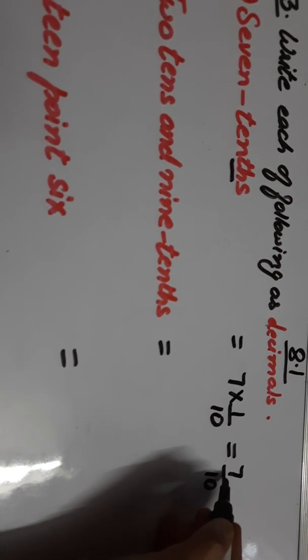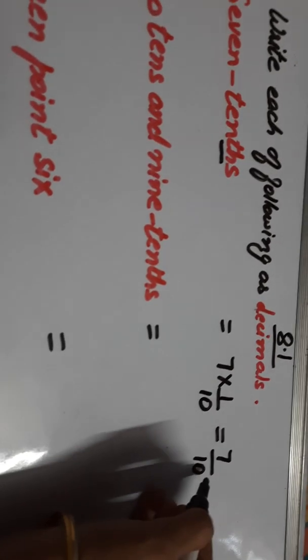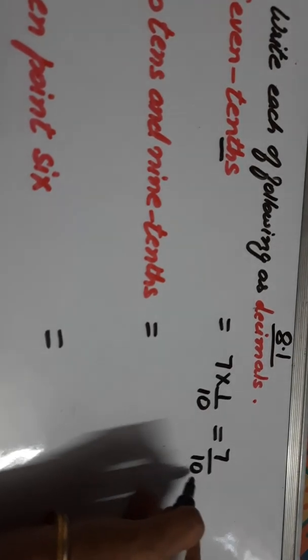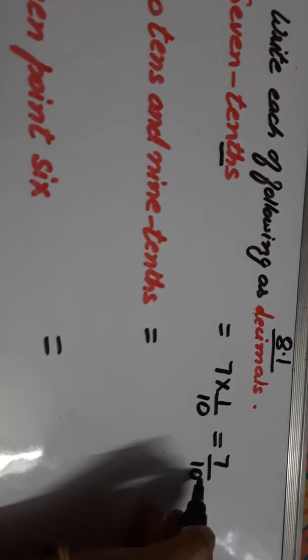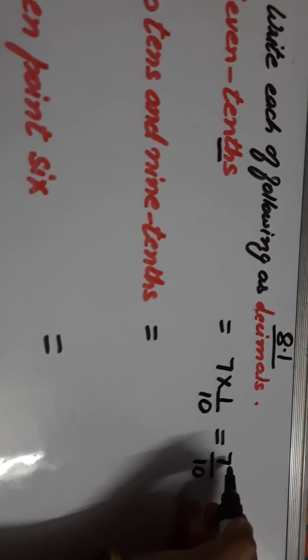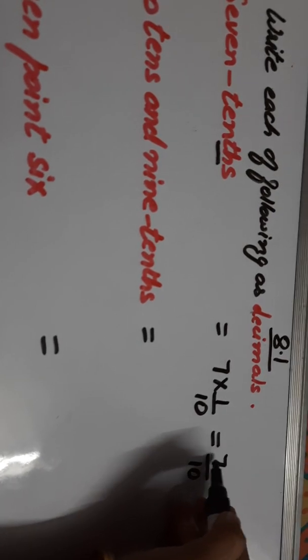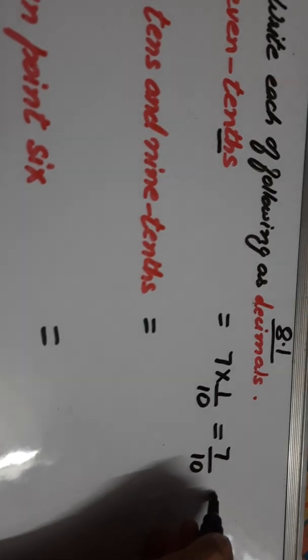So now for this 10 we'll place a decimal. Now what is the concept of placing the decimal? You have to count the number of zeros in the denominator. There is 10 in the denominator, that is only one 0. So we will place the decimal by leaving one digit. And which is that one digit? 7 itself.